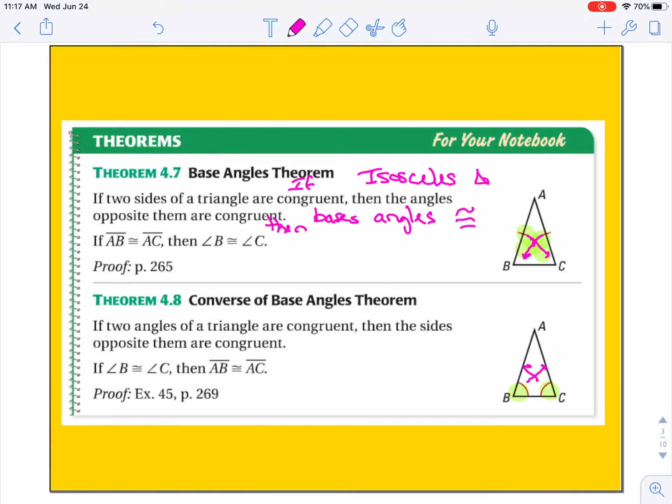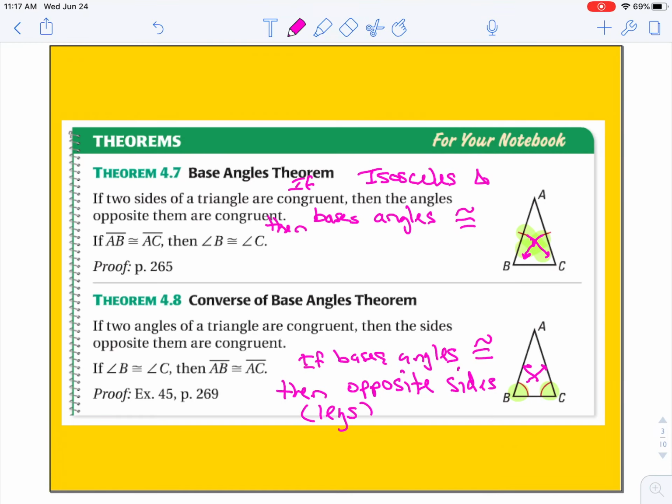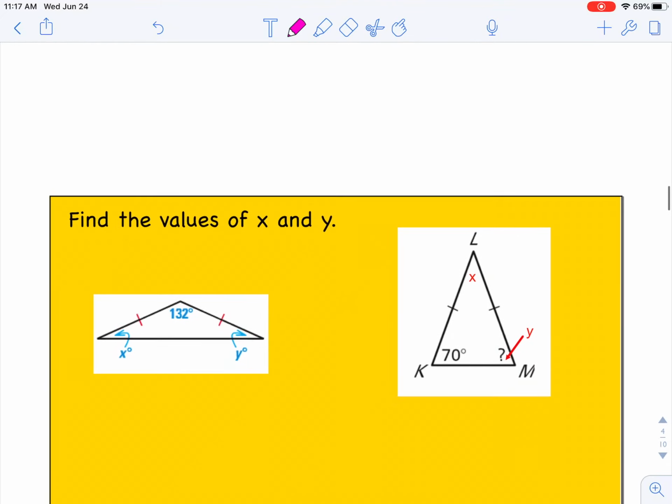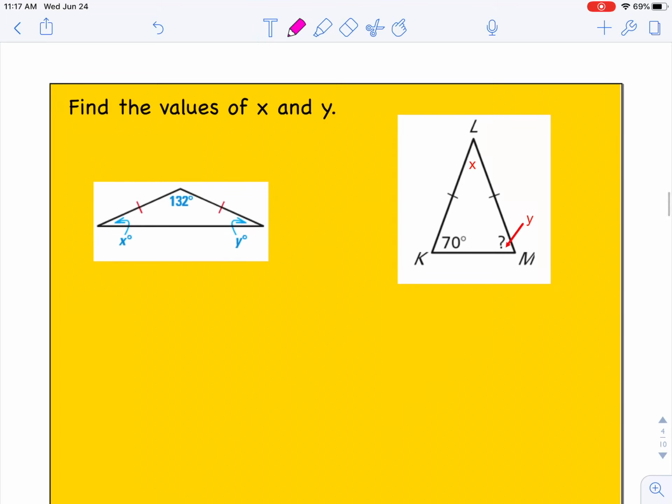So that means if your base angles are congruent, then the opposite sides, or the legs, are congruent. And these are very useful theorems. So we can use them to find missing values in a triangle.